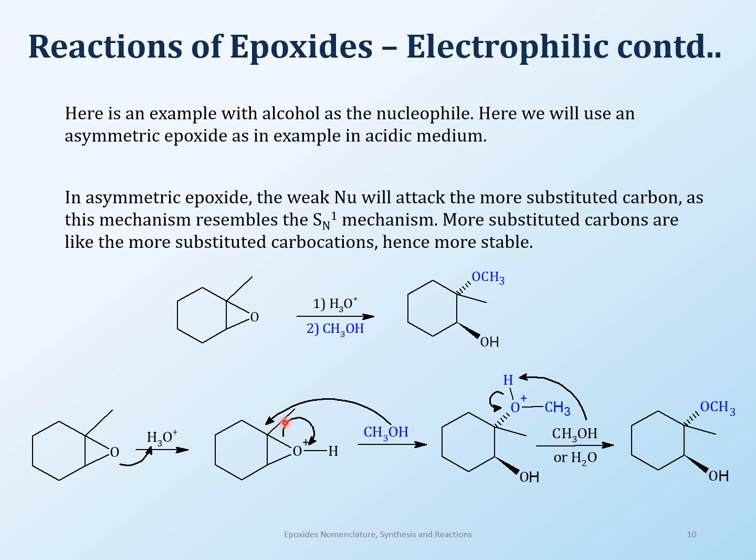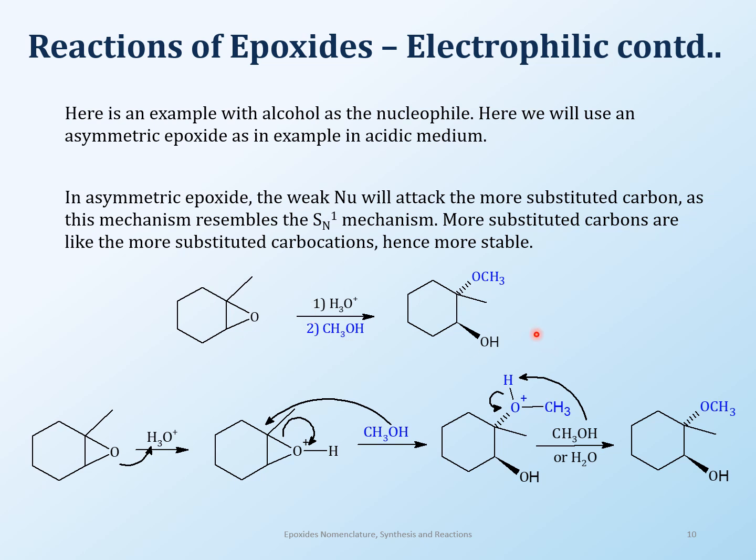In this case, because this is an asymmetric epoxide, this carbon gets attacked. Now the question is, why does this carbon get attacked? What happens in an acidic mechanism is that the substitution is more like an SN1 substitution. In a nucleophilic substitution, it was more like an SN2. In SN2, the nucleophile does not like to go to the carbon that is more sterically hindered, because it wants to have its own space.